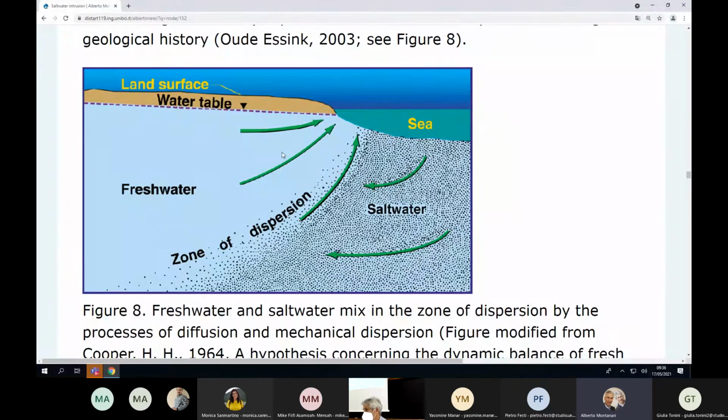And so what I want to study is the position of this separation that you can see between the saltwater and the freshwater. And I assume, besides assuming that everything is static, that there is no zone of dispersion. In this figure, you see that there is indicated a zone of dispersion. This is actually what happens in reality.